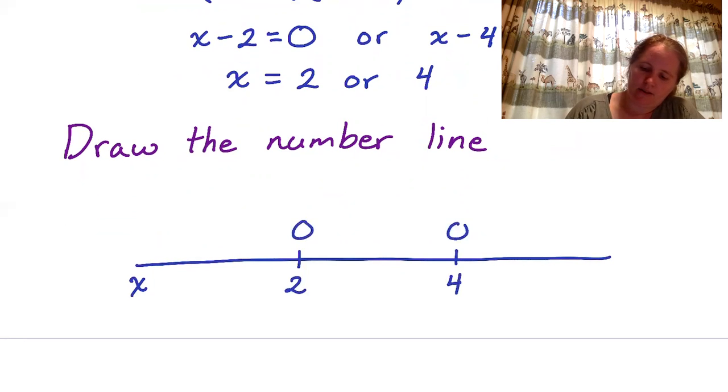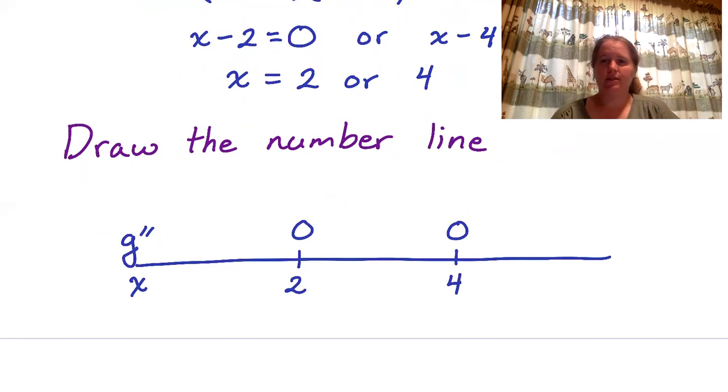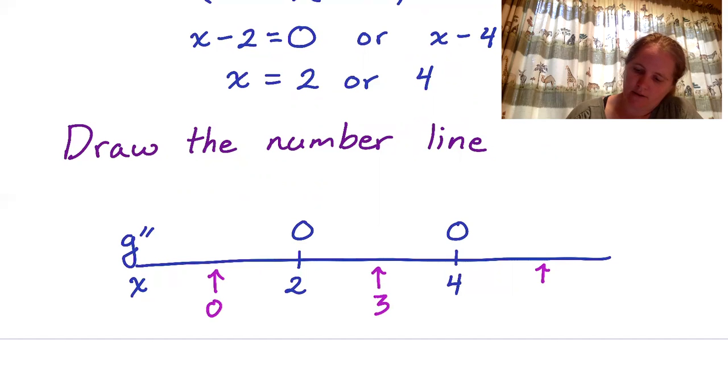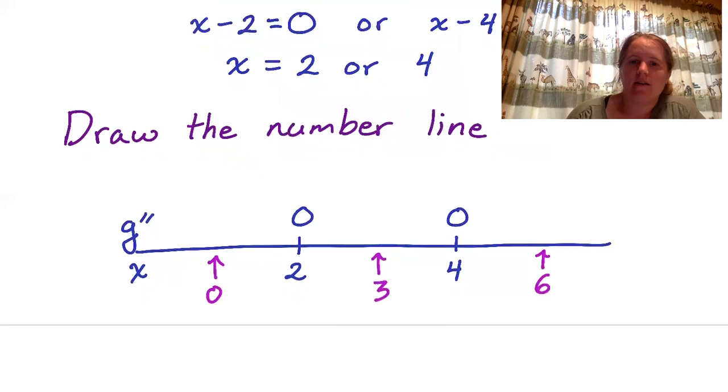At those places, the second derivative of g was equal to 0. Now we need to pick our test points. So I might pick 0, 3, and, I don't know, 6.